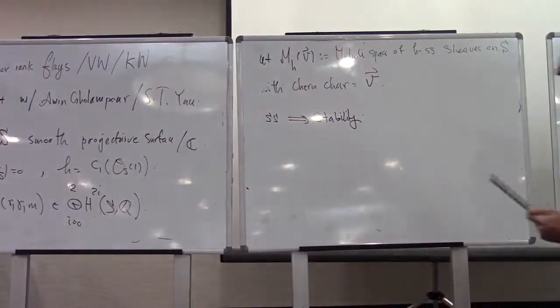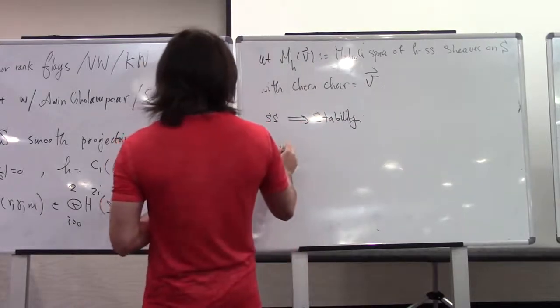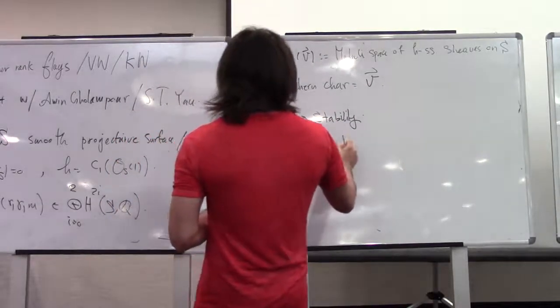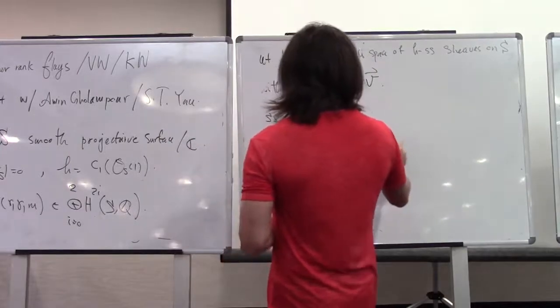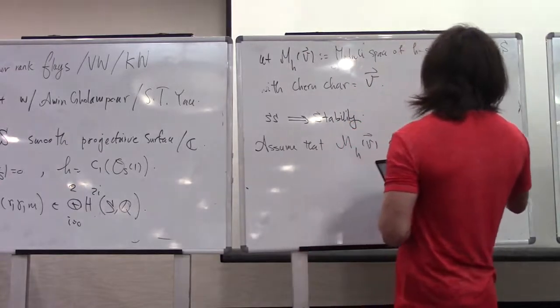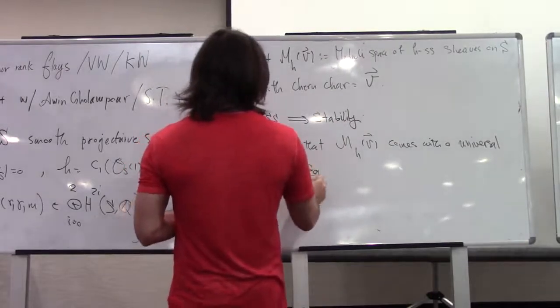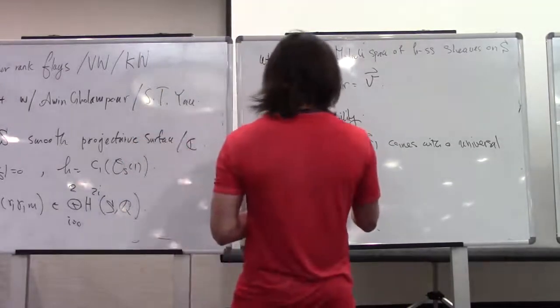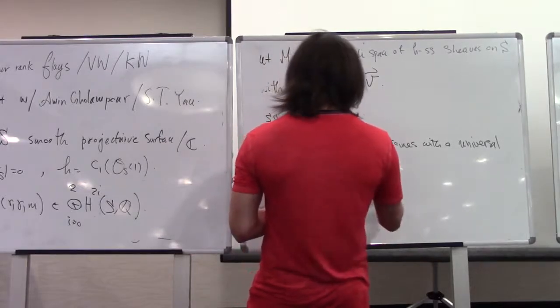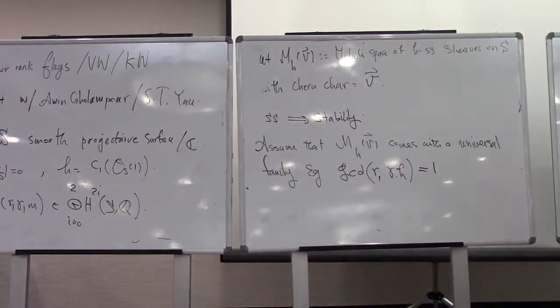And we can also make a further assumption that this moduli space comes with a universal family. For example, if I have the condition that the greatest common divisor of r and γ times the hyperplane class is equal to 1, then that's enough for our moduli space to have a universal family.